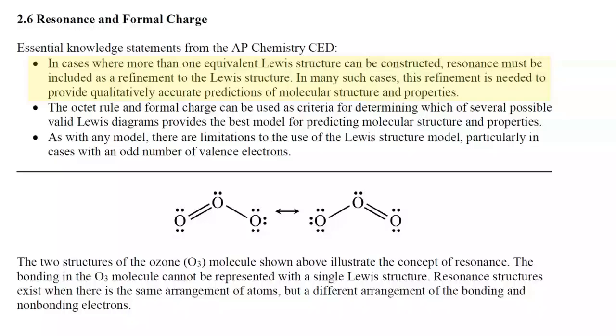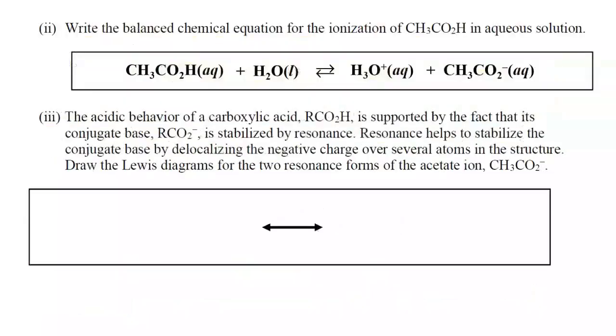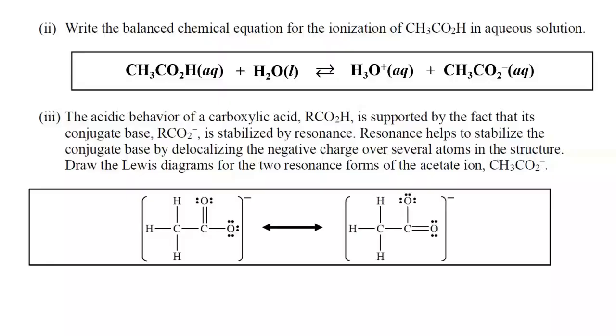There's a similar situation in the acetate ion. So when the H+ ion is removed from the acetic acid molecule, one Lewis diagram can be drawn on the left here, showing that we have a carbon-oxygen double bond as well as a carbon-oxygen single bond, but an alternate, equally equivalent Lewis diagram can be drawn where we switch the position of the single and double bonds.